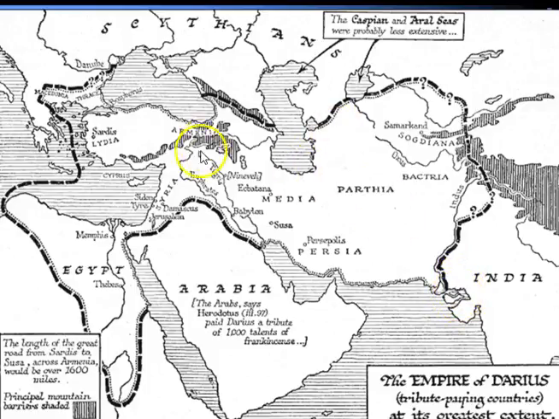You've got the Caspian Sea, the Black Sea. Over here's Athens. Look how big this is. Look how big that is. You see why the Persians didn't think this was that big a deal. But this is the Empire of Darius. It's a huge empire. In fact, it was the largest ancient empire up to that time, including Egypt and so forth.